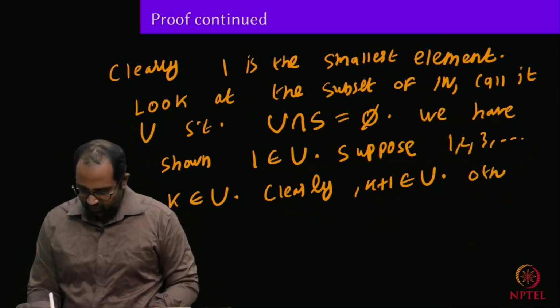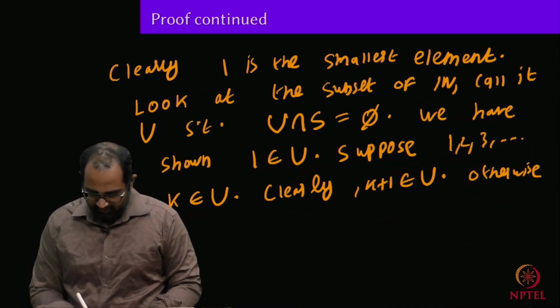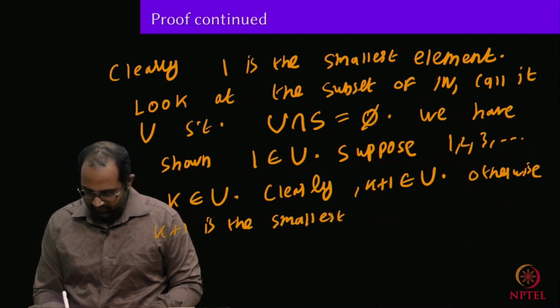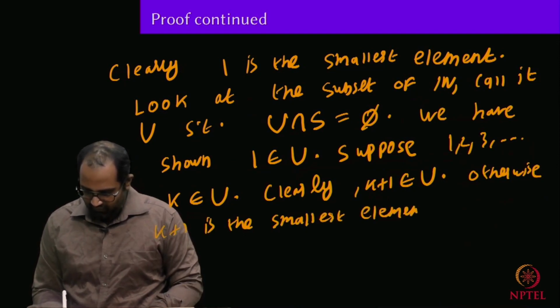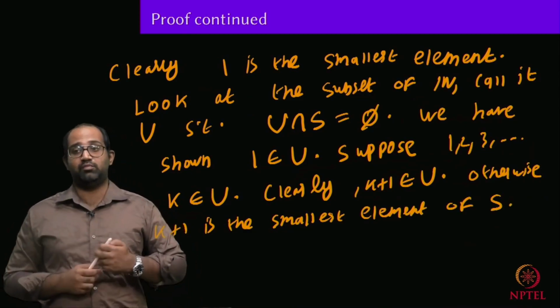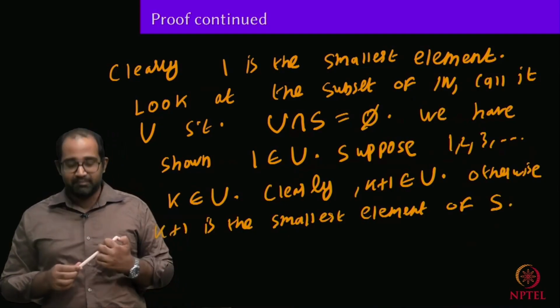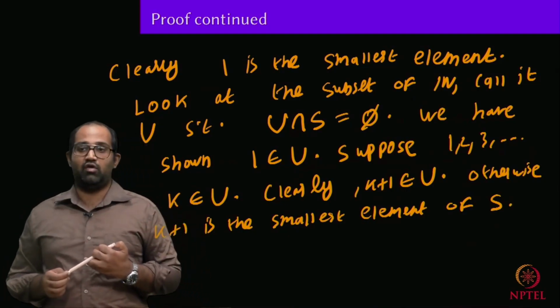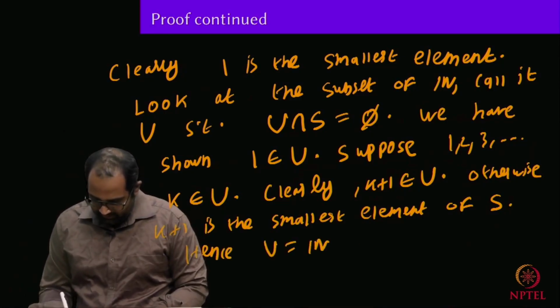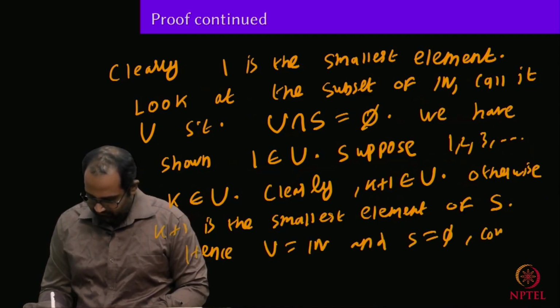Otherwise k plus 1 is the smallest element of S. Since we are assuming that there is no smallest element of S, it must be the case that k plus 1 is also there in U. Hence, U equals N and S is empty. Contradiction.